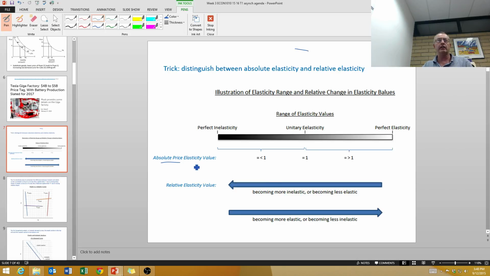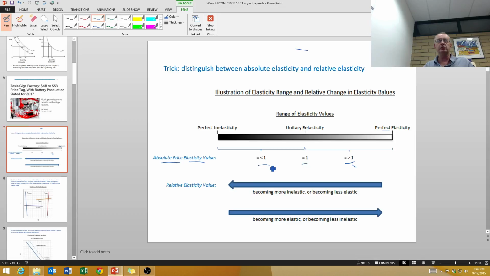using. When you calculate the price elasticity of demand, if the value is 1, that's a unitary elasticity. And if the value is greater than 1, then we have price elasticity.